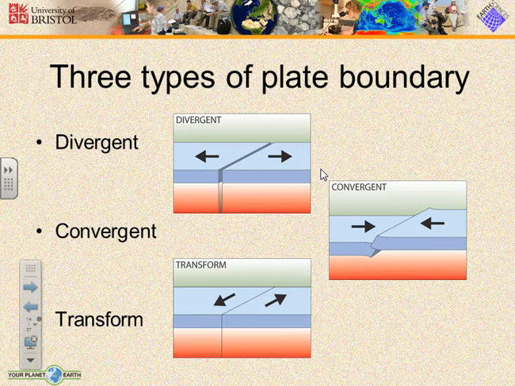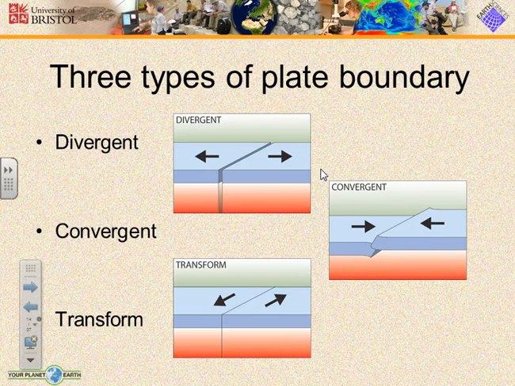So at a divergent plate boundary, those two plates are pulling apart. Please make sure that you are drawing arrows. At a convergent boundary, the two plates are pushing together. And a lot of times at that boundary, one plate will slide underneath the other. And depending whether it's a continental or oceanic plate boundary, different things will happen at that convergent boundary.